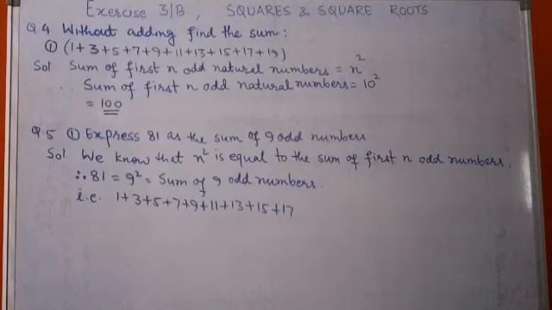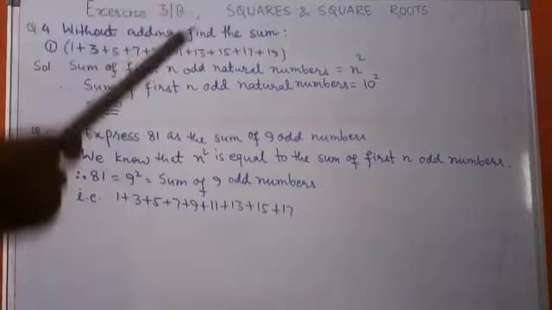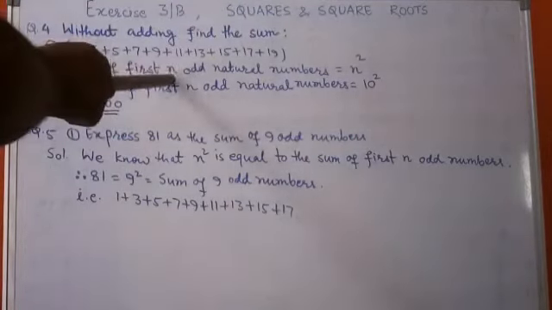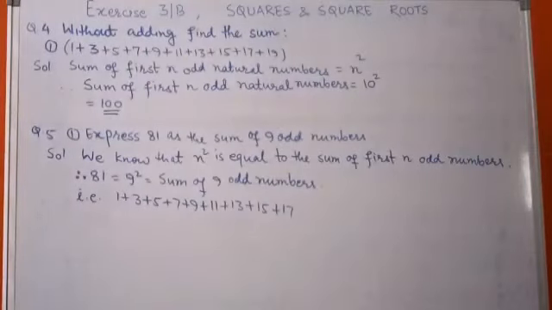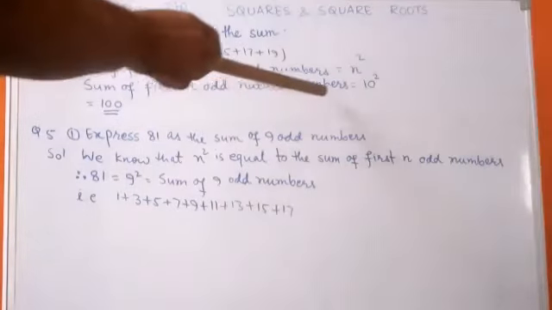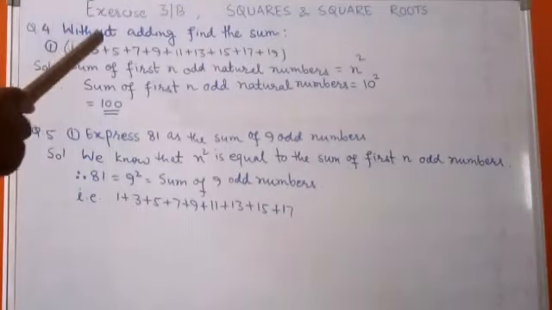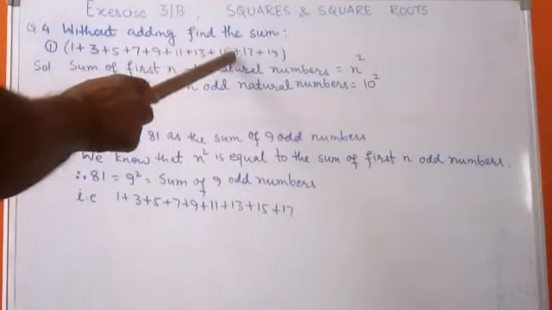As per the property, the sum of the first n odd natural numbers is always equal to the square of a natural number. So the sum of the first n odd natural numbers equals 10 squared. How do we get this 10? By counting them: 1, 2, 3, 4, 5, 6, 7, 8, 9, 10.